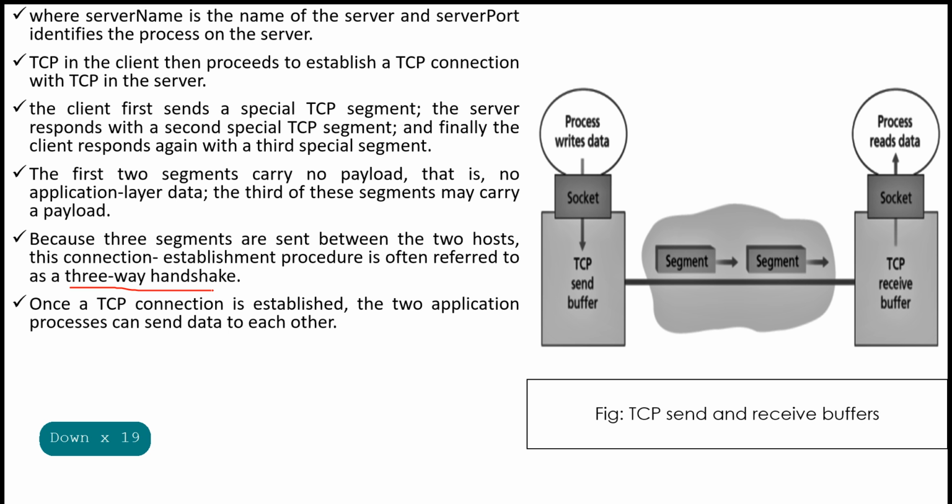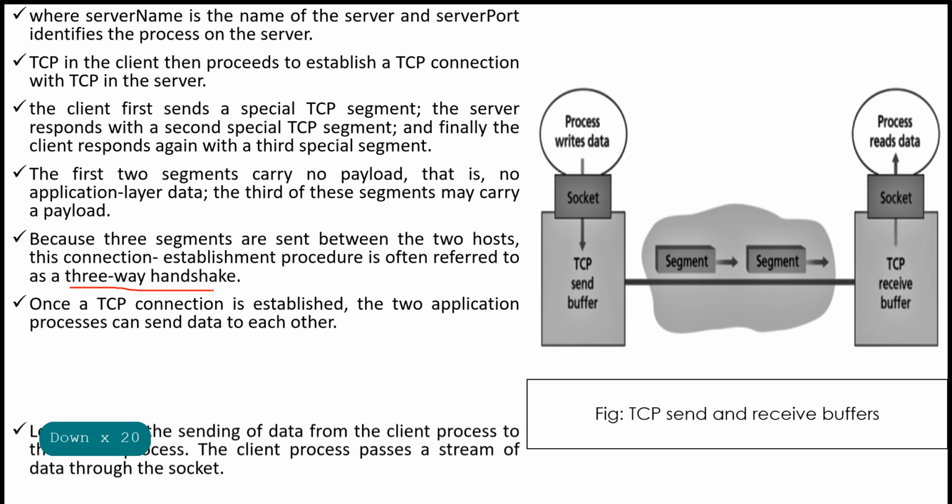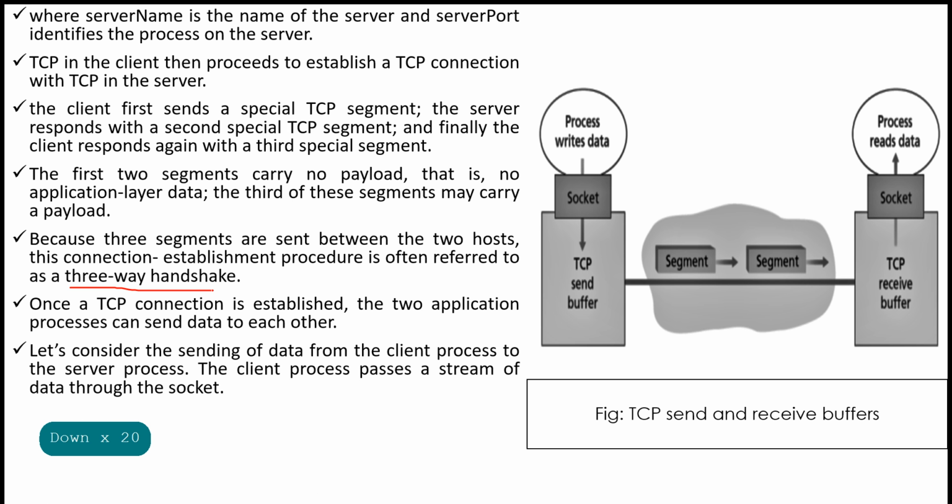Once a TCP connection is established, the two application processes can send data to each other. Let's consider the sending of data from the client process to the server process. The client process passes a stream of data through the socket.